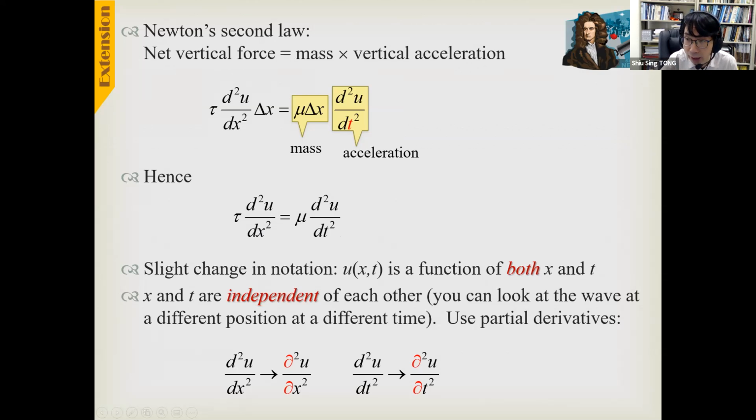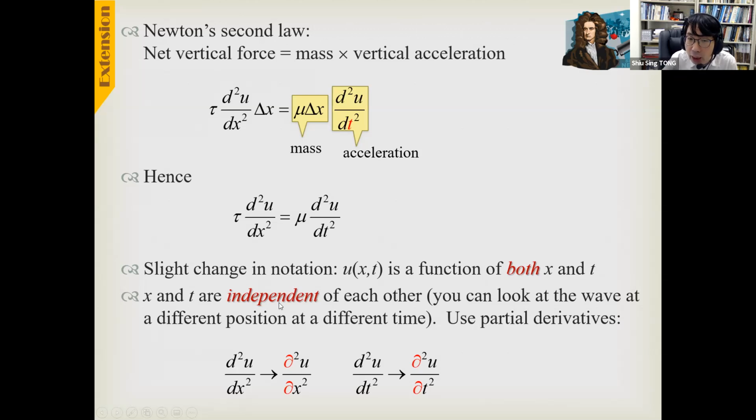The position is x. And the right-hand side is the derivative of u with respect to time. Okay, so the derivatives are different, although they are both second derivatives. But the left-hand side is a derivative with respect to x, while the right-hand side is a derivative with respect to time t.